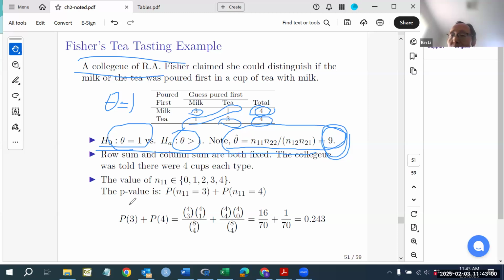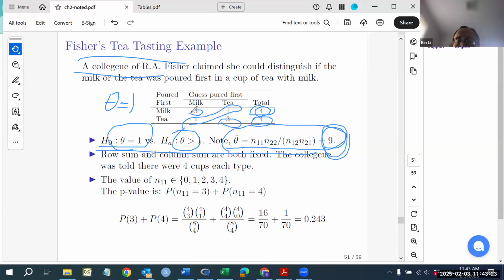So what is the p-value? This is one-sided. The definition of the p-value is the probability of observing what we observed or more extreme from the data, right? Let's look at N11.